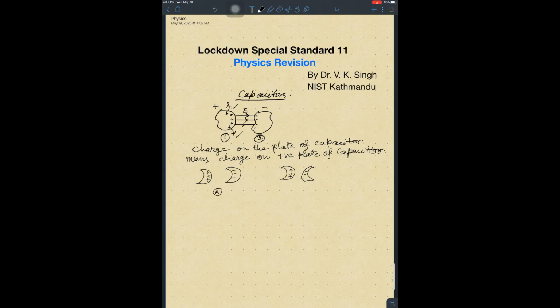This is arrangement A, this is arrangement B. Which is a better arrangement for a capacitor? Naturally, A is the better arrangement. Why? The wastage of electric lines of force is minimum, whereas here you can see the wastage of electric lines of force is more. So this arrangement is better for your capacitor.